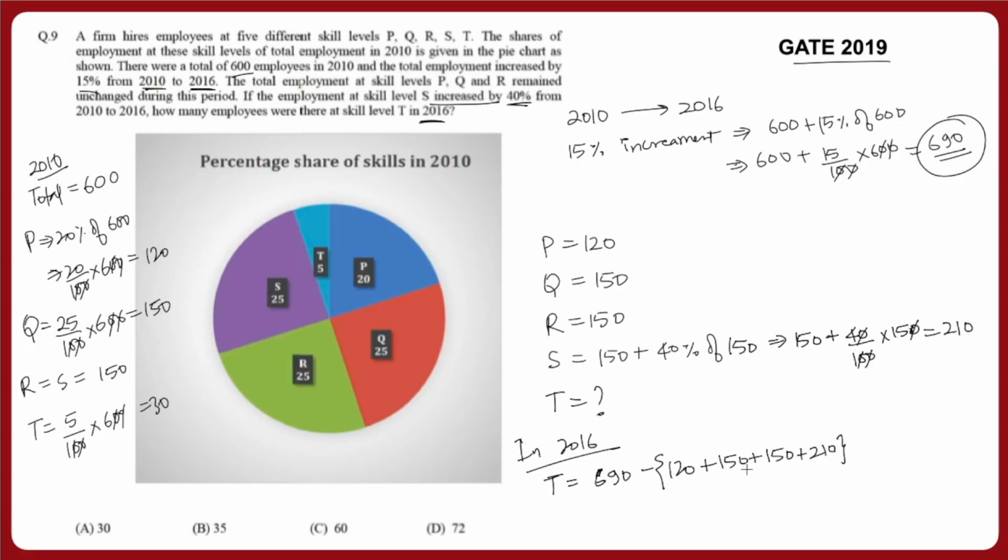Add this all and subtract it, and the value you are going to get is 690 minus 630, and that will give you 60. So the number of employees having T skill is going to be 60. It's as simple as that. Just based on percentage calculation, this has to be done. Basic calculation of percentage can easily fetch you 2 marks in this exam. So this was a pretty simple question, right? Let's go to the next question now.